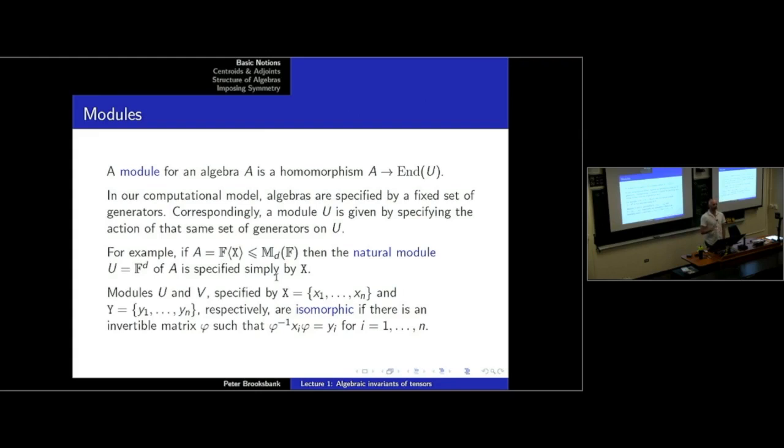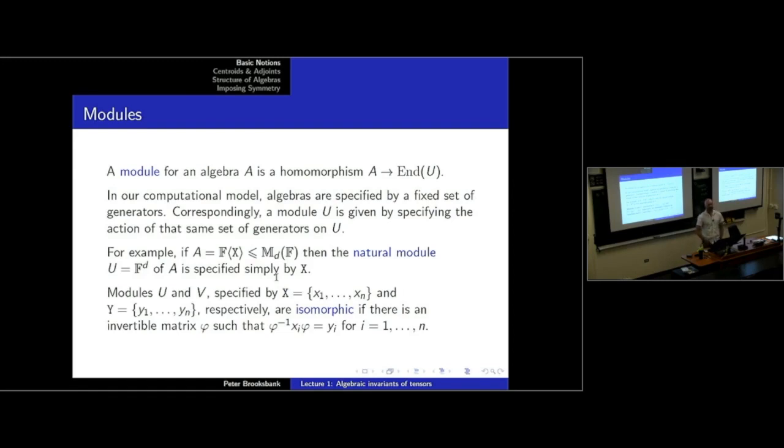And so we're going to specify a module by the action of that fixed generating set on the module, right? So if you want to specify two different modules, you're assuming that you're going to specify the action of the exact same generating set on those two modules, okay?